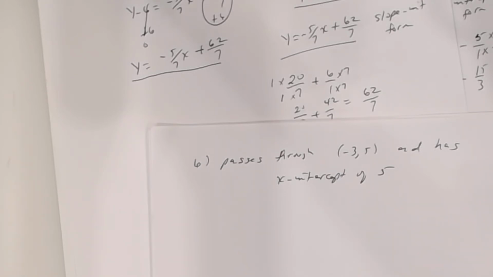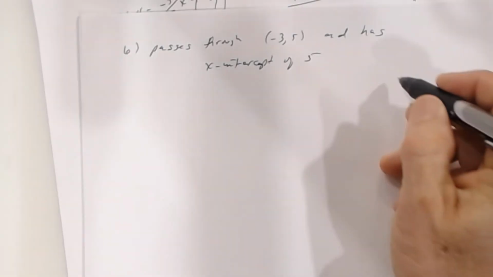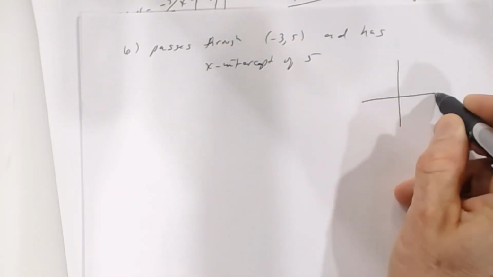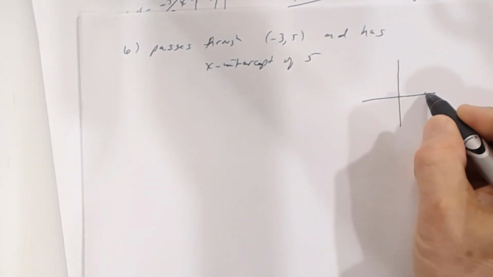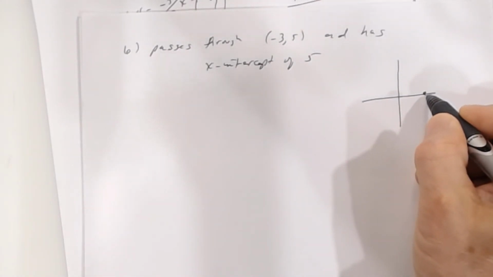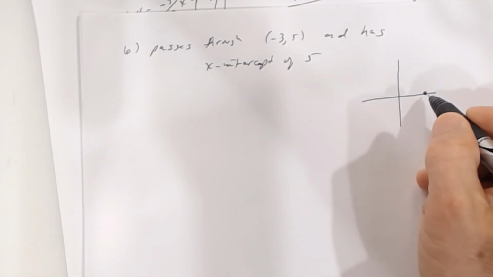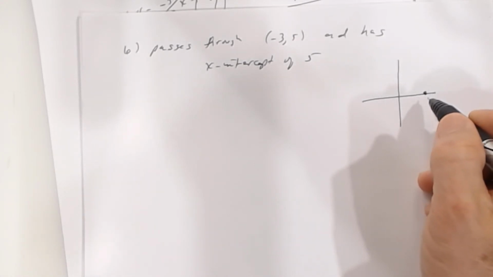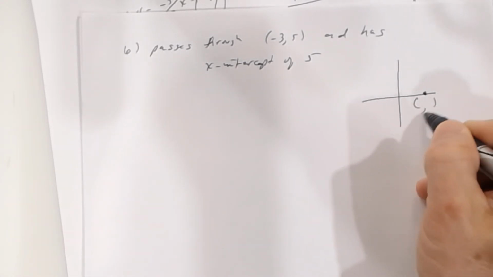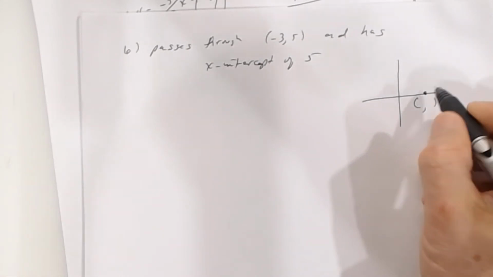The problem with some of you is that when you write the ordered pair, you have issues with that. You've got to make sure you put the 0 in the right place. If you look at this on a coordinate grid, the x-intercept of 5 is here. That's why the graph crosses the x-axis. Well, if that's 5 right here, how do you write that as an ordered pair? 5, 0.